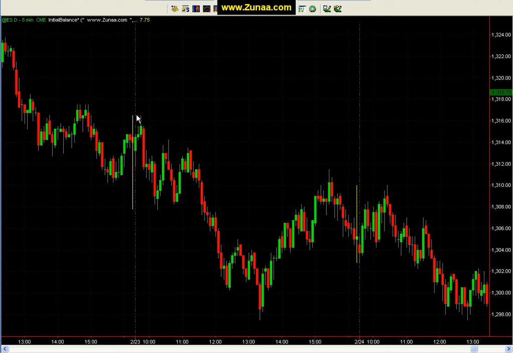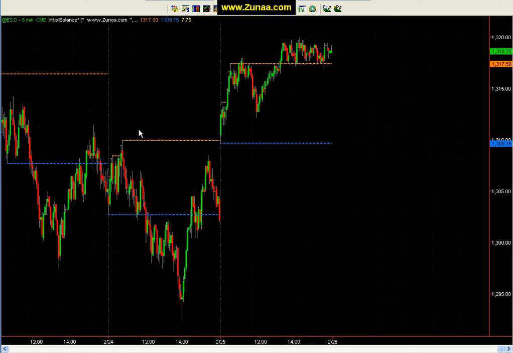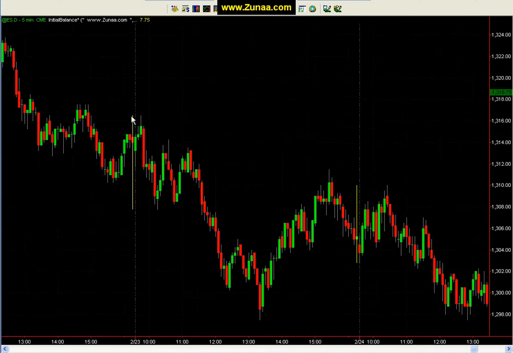So what we did was, first of all, provide two different methods of plotting the initial balance, which you can toggle on and off, back and forth, between whichever type you want. This particular one draws the horizontal line showing the initial balance as it's developing, and this one here identifies that developing initial balance.